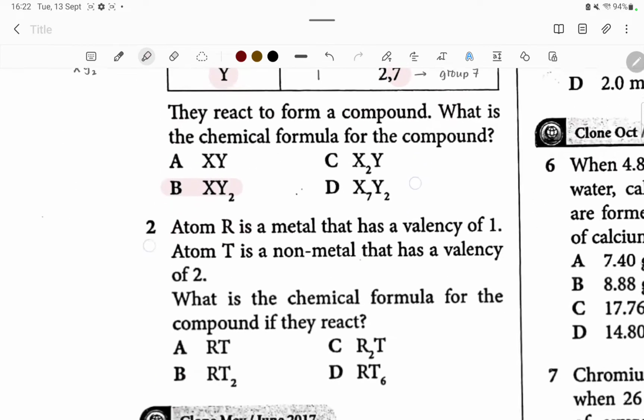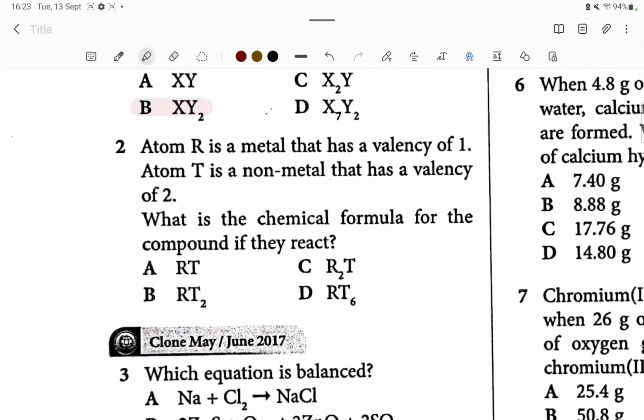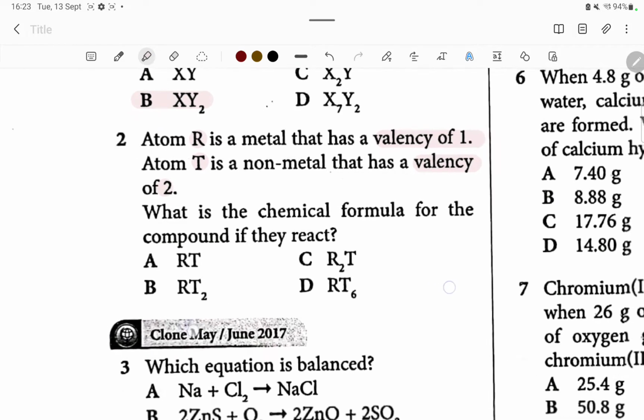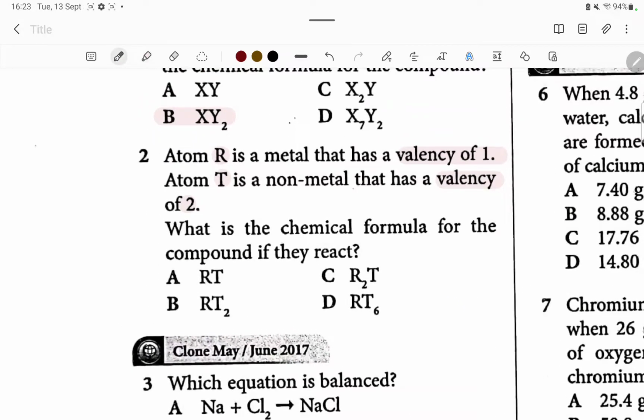Okay, for number 2, atom R is a metal that has a valency 1. R, valency 1. T, valency 2. What is the chemical formula? R is metal so always metal comes first.